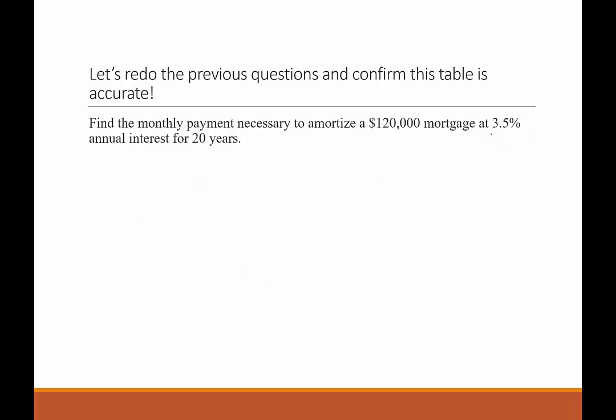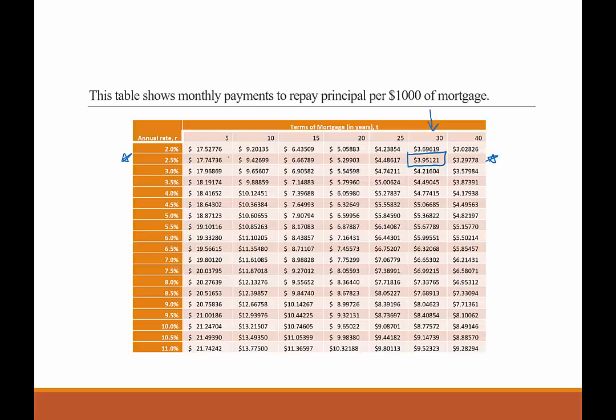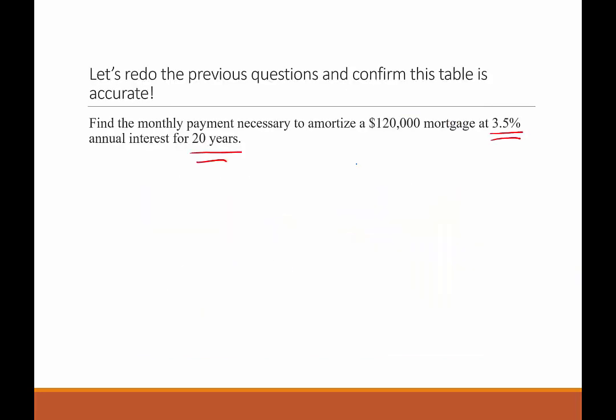And our last example, let's reconfirm this one. We're looking in this table this time for 3.5% for 20 years. 3.5% is right here. 20 years is right here. So that would be this one right there, 5.79960.